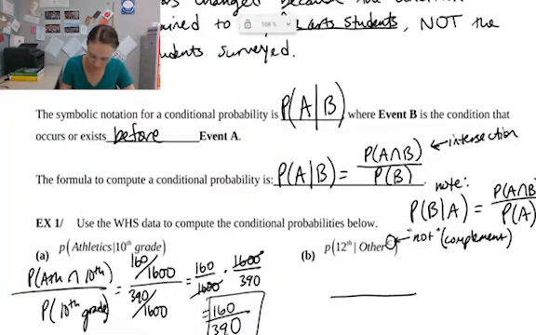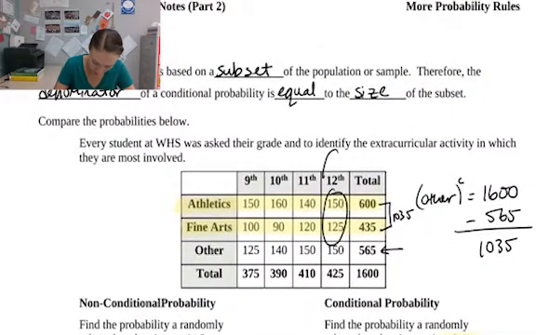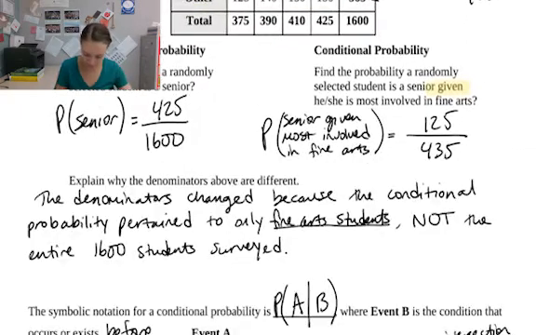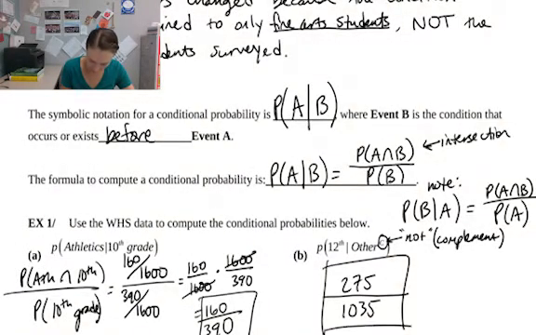Now I want the probability that they're in 12th grade. So how many students are in 12th grade given that they're not involved in other? So other complement. So that's going to be 275 out of 1035. And I can just leave it like that.